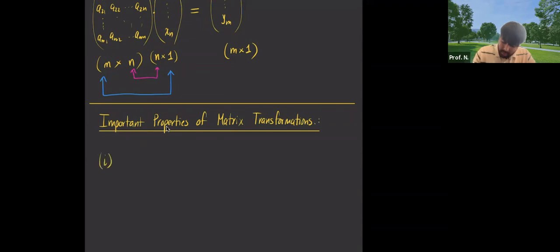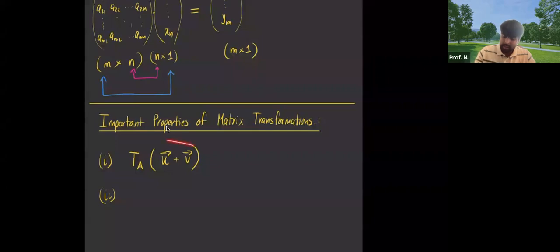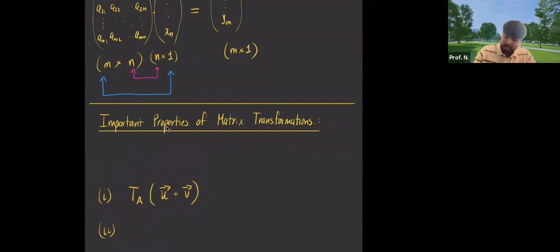If you take a matrix transformation, so let TA be a matrix transformation that goes from Rn to Rm.